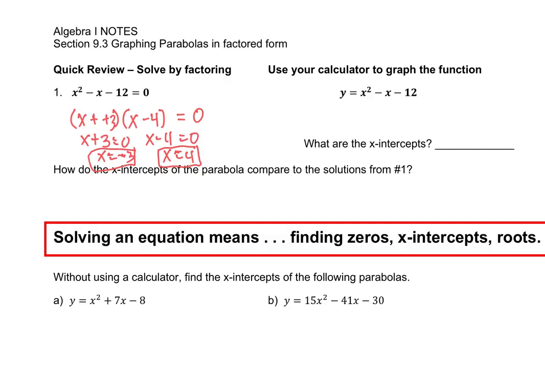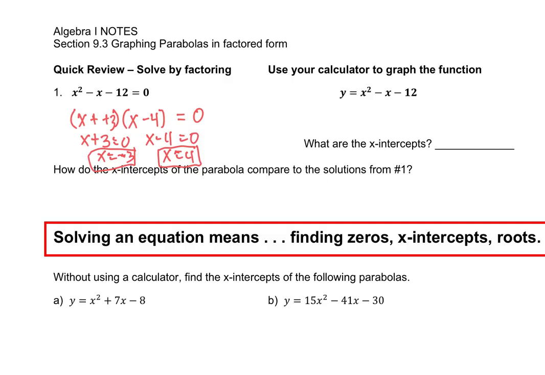minus x minus 12. So we can solve number 1 by factoring, but we can also solve it by graphing it. So we're going to see that on the calculator right now. Once you put it in, you have x squared minus x minus 12. And then you press graph at the top right.